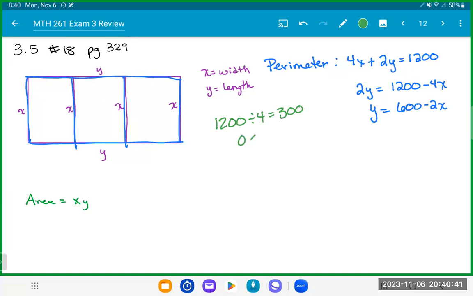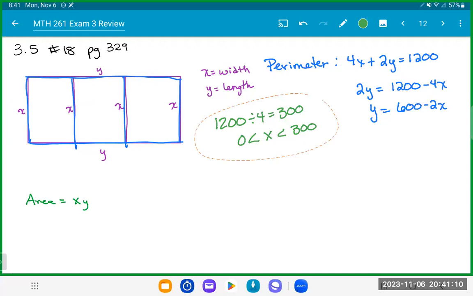So my x needs to be greater than 0, but it has to be less than 300. And it can't be 300 either, because then there's nothing left at all for y. So this is how we know that our x variable has to be somewhere between 0 and 300.